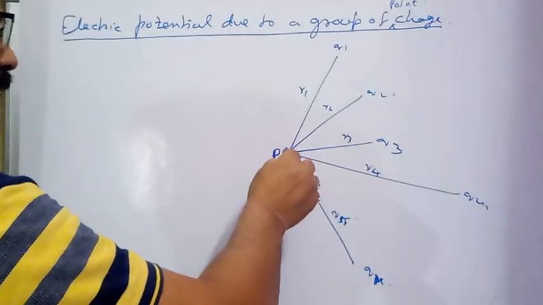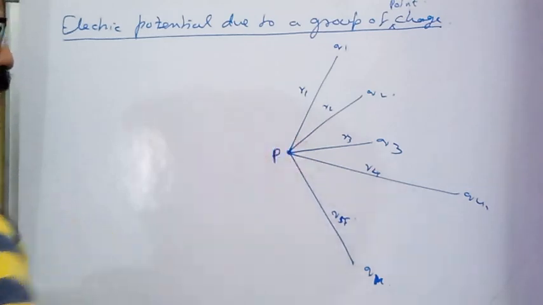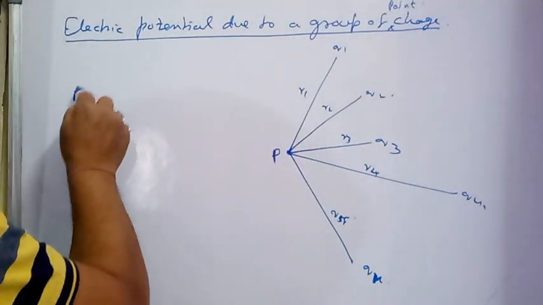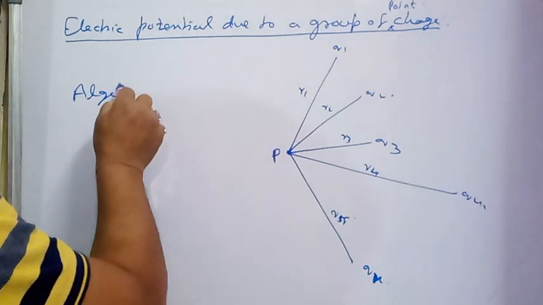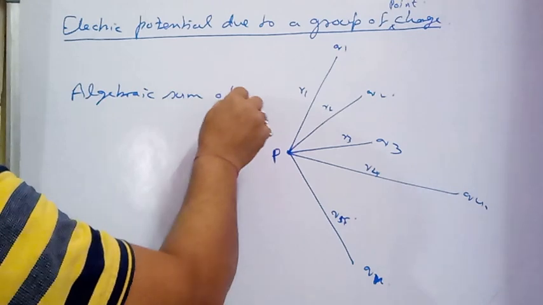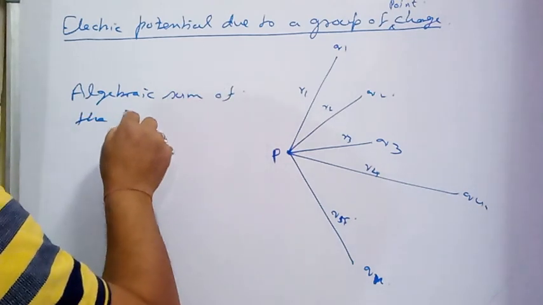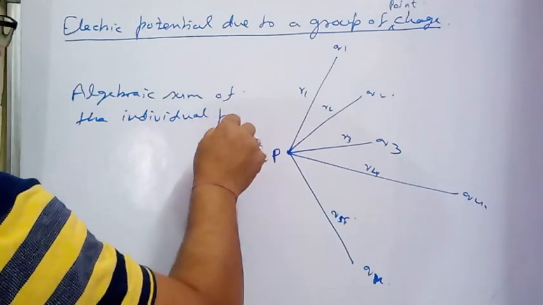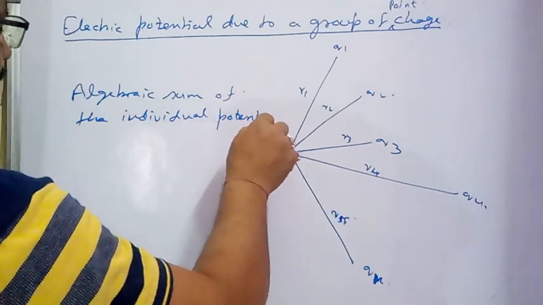So what can be the total value of electric potential at point P? So the total potential at point P is going to be the algebraic sum of the individual potentials.